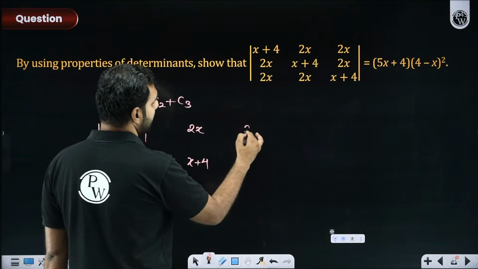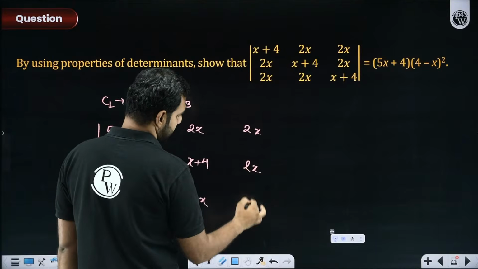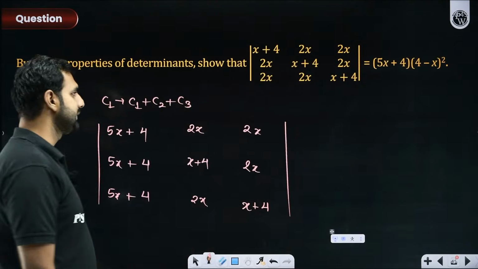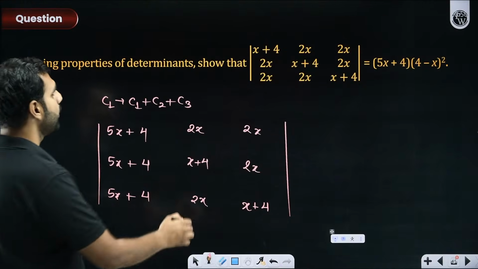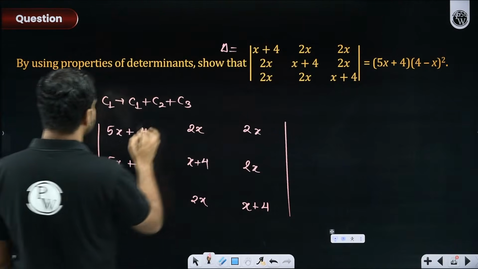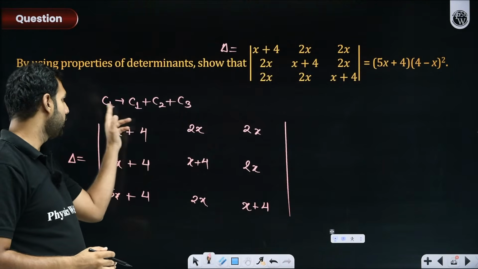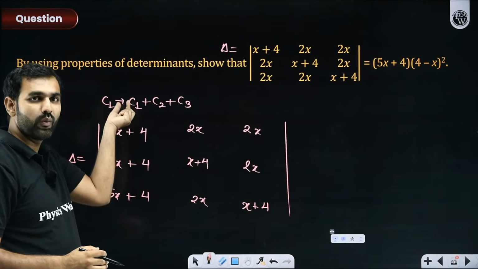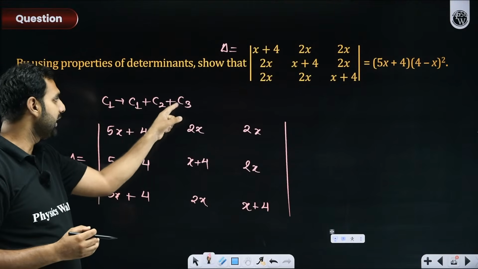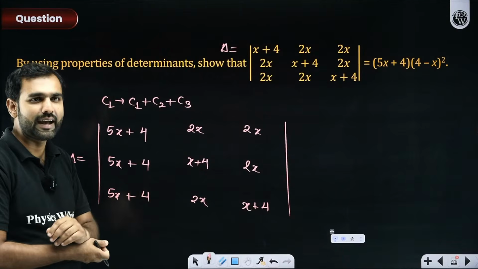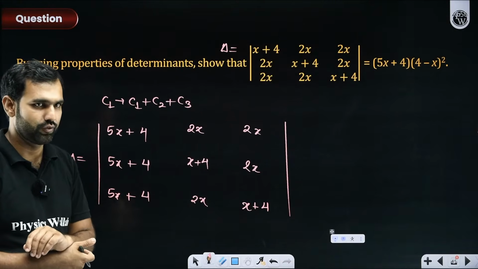The third column remains 2x, 2x and x plus 4. Everybody got this? This is still your delta only. If it was denoted by delta, it still remains delta because I have ensured that column 1 still remained as 1 into C1. And if I introduce any m or n with C2 and C3, the value of the delta remains intact. The basic property which we have learned so far.